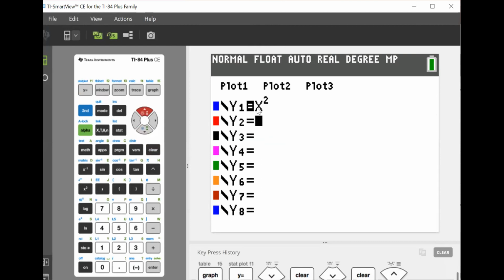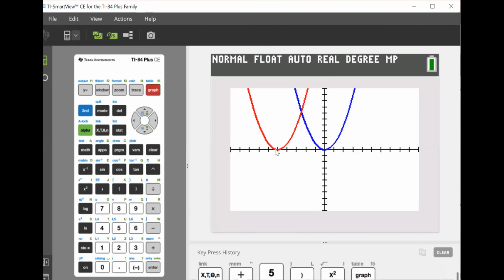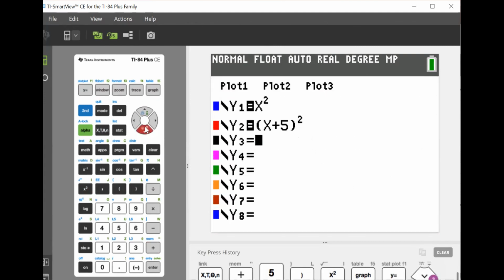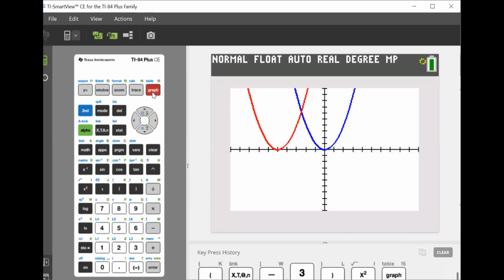For the second one, let's put x plus 5, close parentheses, squared. Here's x squared, and you could see our x plus 5 squared shifted the whole thing left 5 units. For the other one that went right 3 units, we would do parentheses x minus 3 squared, and you can see we get that shifted right 3 units.